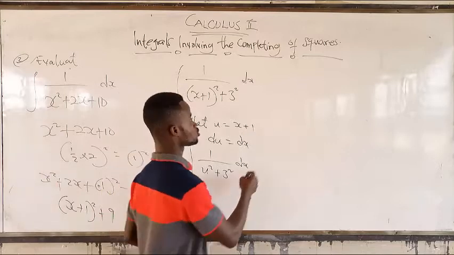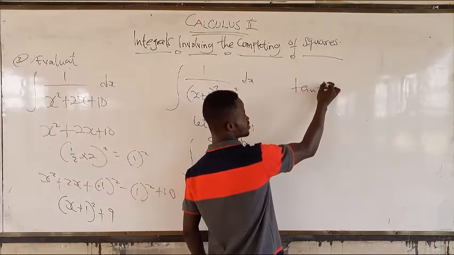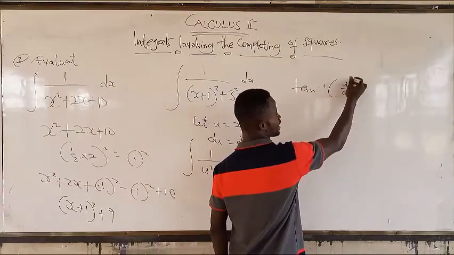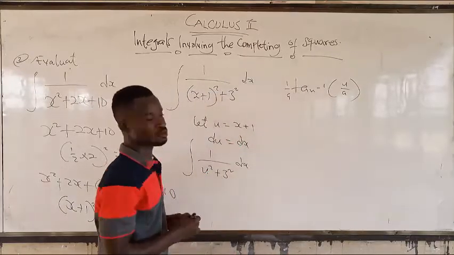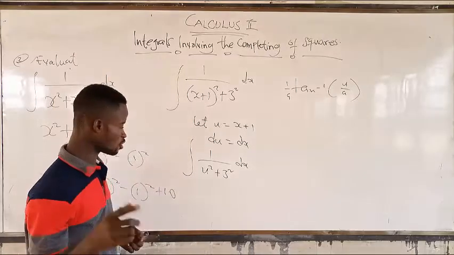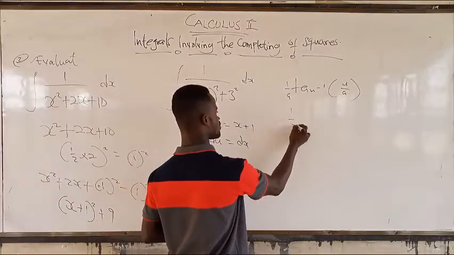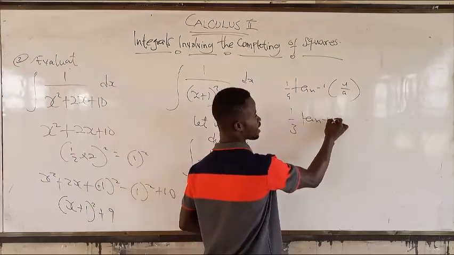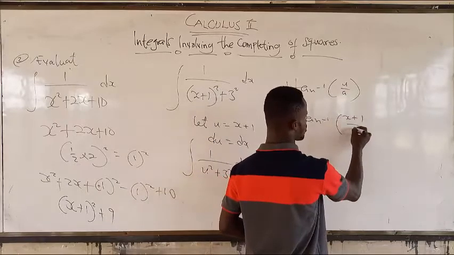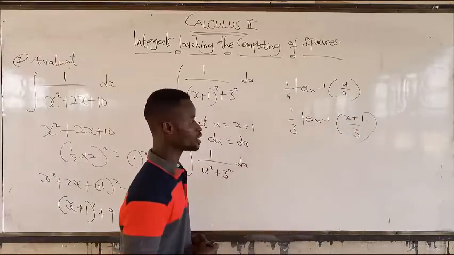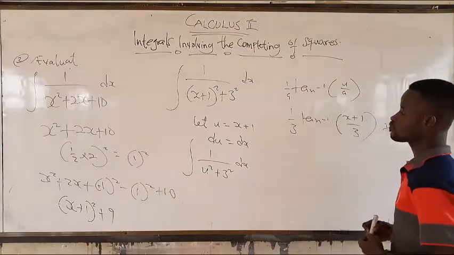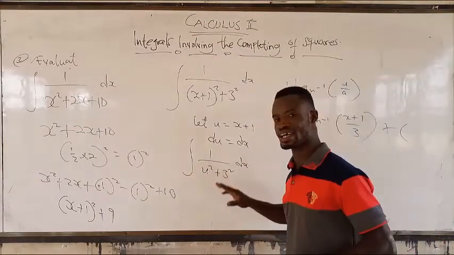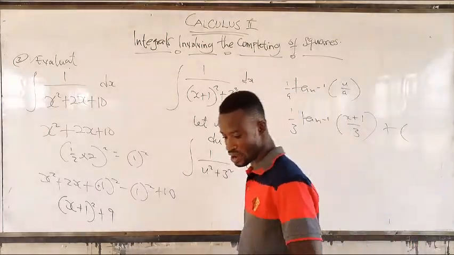All right. So you write tan inverse of u over a. But don't forget that here will be 1 over a. Most times students forget. Please don't forget. And here it is 1 over 3 tan inverse of (s plus 1) over 3. And that's going to be the final answer for that. Then you add plus c. In fact, if you know the tan inverse form, you can just quote it straightforwardly and go your way.